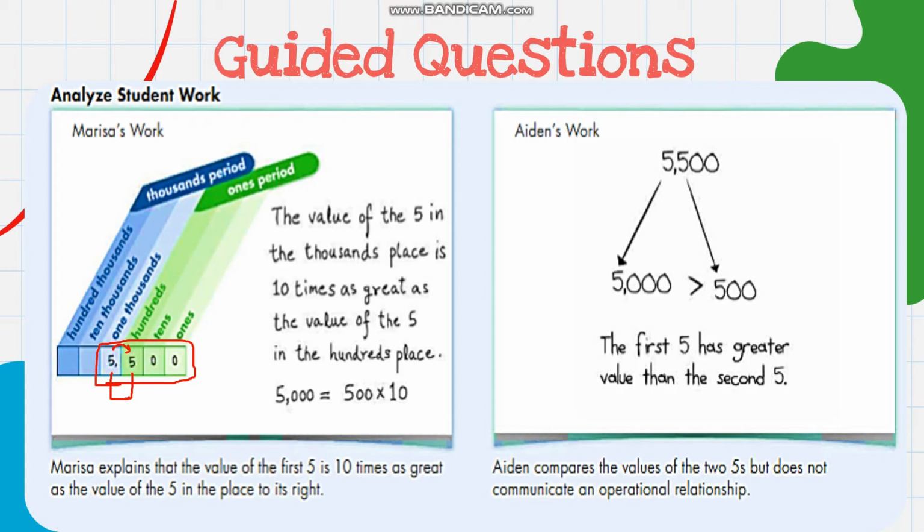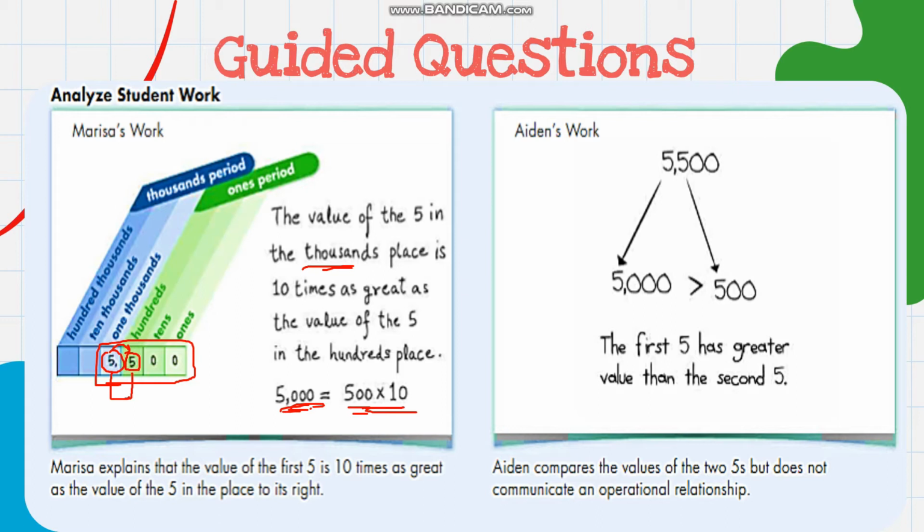So the value of the 5 in the thousands place is 10 times as great as the value of the 5 in the hundreds place. Why? Because the 5 in the thousands place is equivalent to 5,000, and the 5 in the hundreds place is equivalent to 500. Since it is 10 times as great, 500 multiplied by 10 is equivalent also to 5,000.